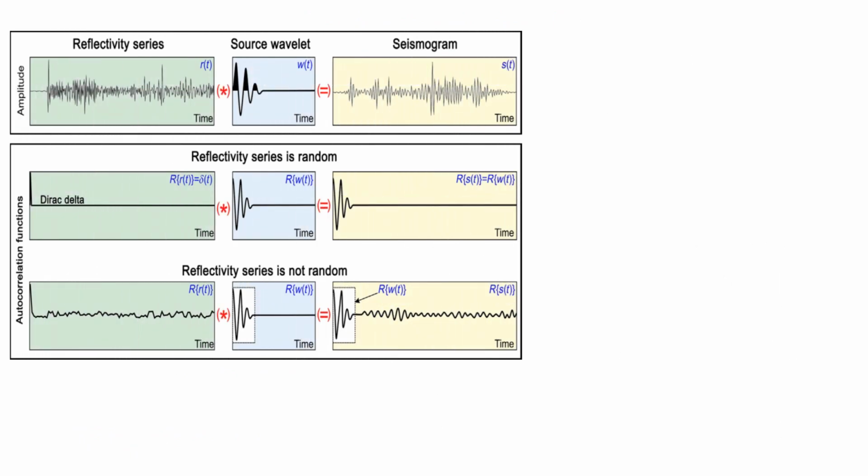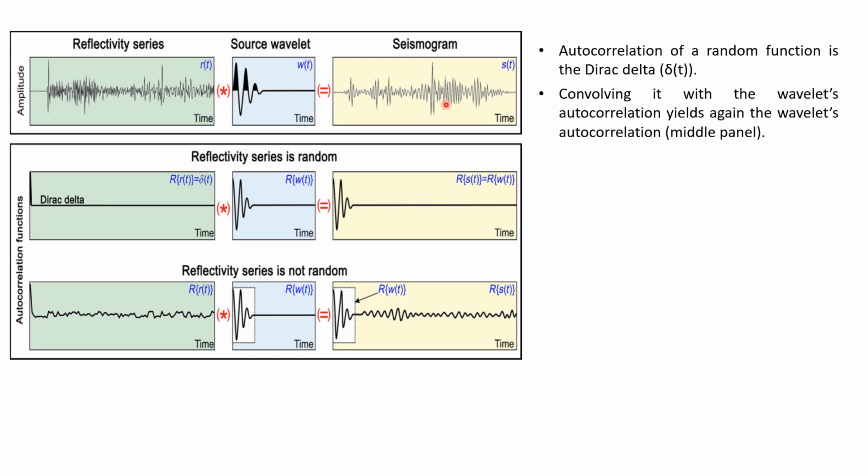As I am telling, what is the main application of the autocorrelation function and how do you recover the reflectivity function and source wavelet? We know if we convolve the reflectivity function with the source wavelet, we will get a seismogram. Generally, it is our assumption that the reflectivity function is random. When the reflectivity function is random, its autocorrelation will produce the Dirac delta function.